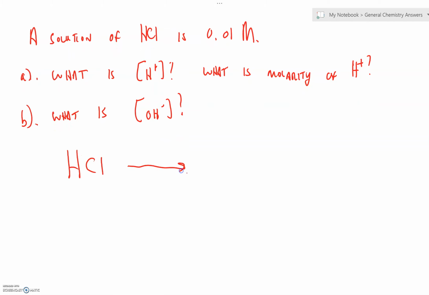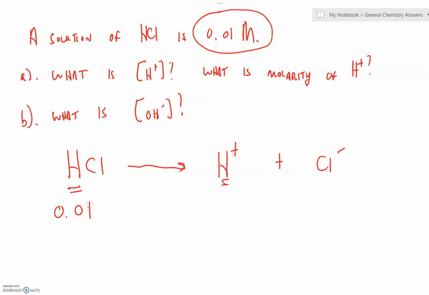We know HCl dissociates. It's got one H plus in the compound, so it produces one H plus in solution. Well, you already know what the concentration of HCl is, 0.01 molar. You want to get fancy and write it in scientific notation, 1 times 10 to the minus 2 molar.